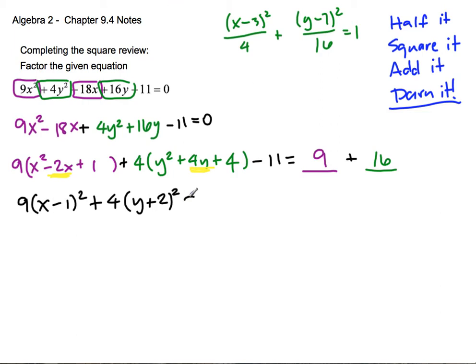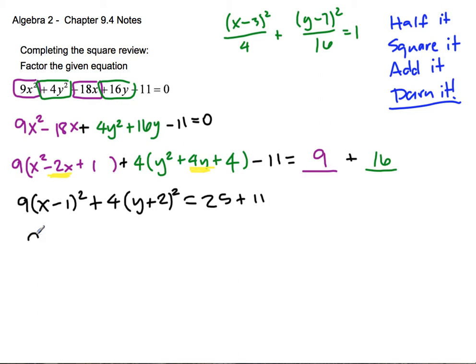So what I'm going to end up with is 25 plus 11. And in order to get this shape, you know, I'm going to need a 1 on the right. And we won't worry too much about it here because we haven't learned a whole lot yet about ellipses, but this is kind of what we're going for.